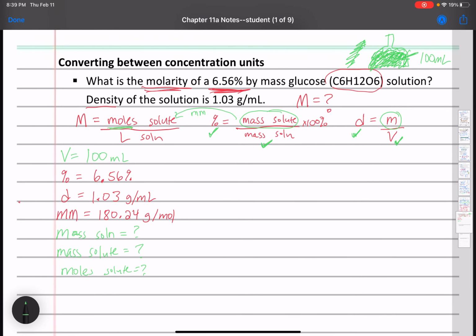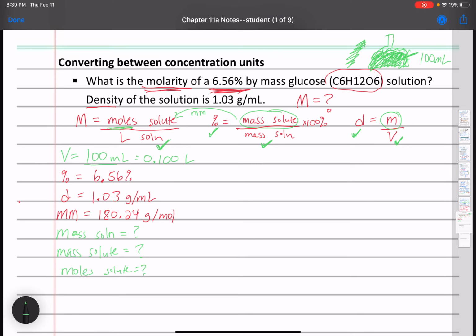And then I'm going to need the liters of solution. Well, again, I just said the volume was 100 milliliters, so my volume, I know, is 0.1 liters. So I have that because I was able to arbitrarily pick a volume.